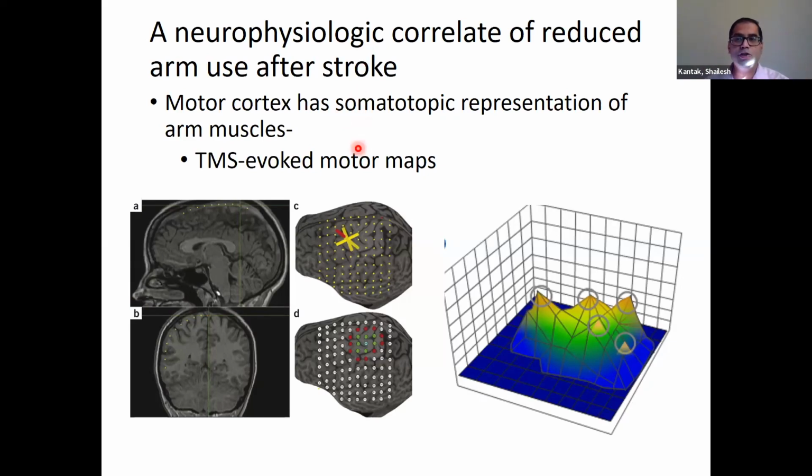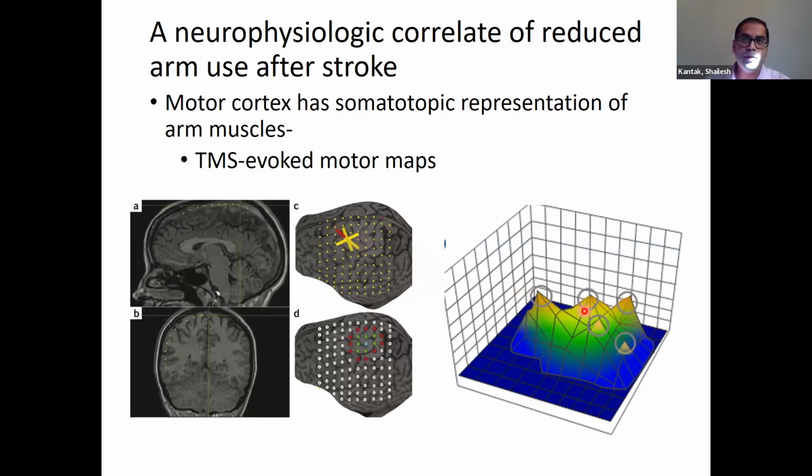Essentially, what we do is use TMS over a grid that is placed on the motor cortex, and we apply 6 to 8 pulses of TMS at a supra-threshold intensity on a 10 by 10 grid, and we record MEP amplitudes at each spot.